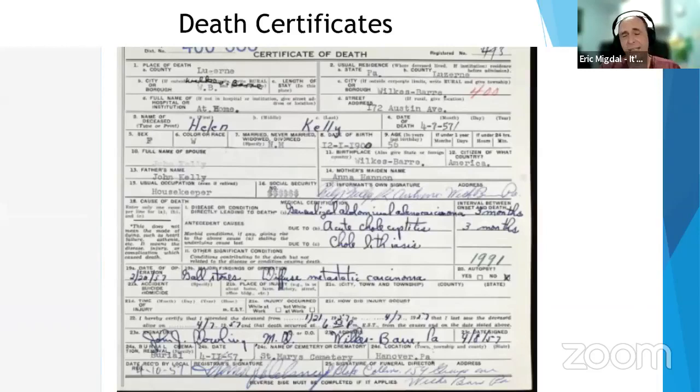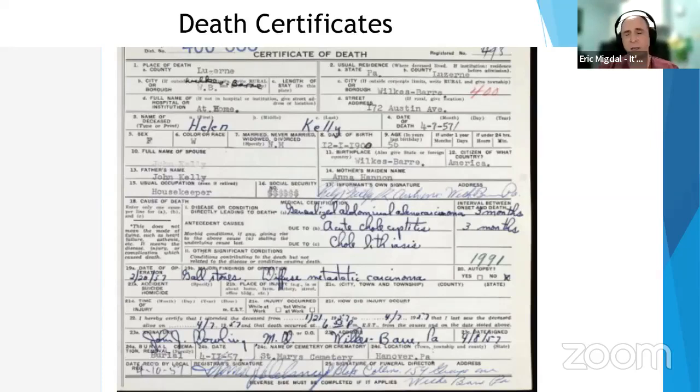If you can find death certificates online about your family, you might be very lucky. They usually show the name of the person, their date of birth, their date of death, and where they were living, where they were born, and who their parents might be. This is going to help you go back in time and learn more about your family based on records that have good information.